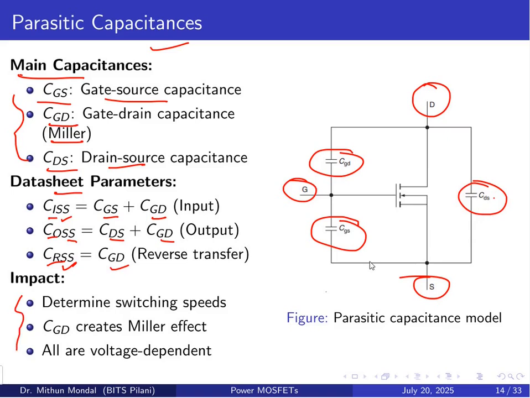The impact of these capacitances is very important because it determines the switching speed of the MOSFET. The gate to drain capacitance will create the Miller effect, and all are voltage dependent because the MOSFET itself is a voltage dependent device.